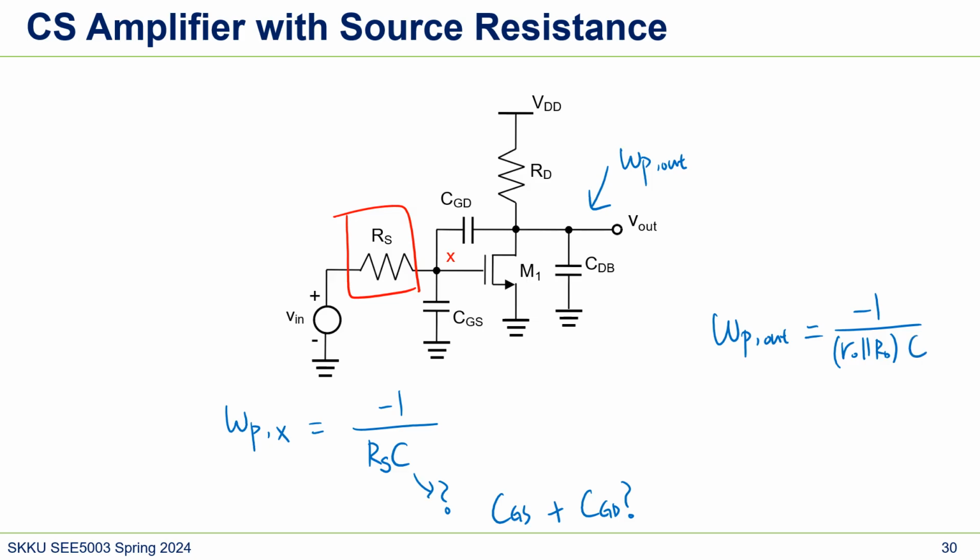But what about C? C would be CDB plus CGD. So this part we'll talk about with Miller. So overall this is 2 nodes, 2 poles, and 1 zero.